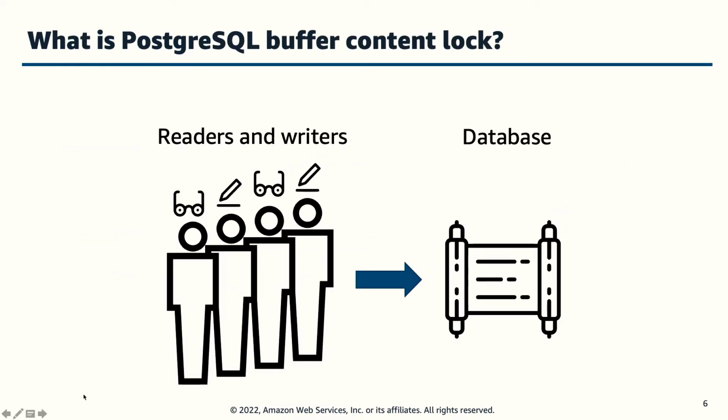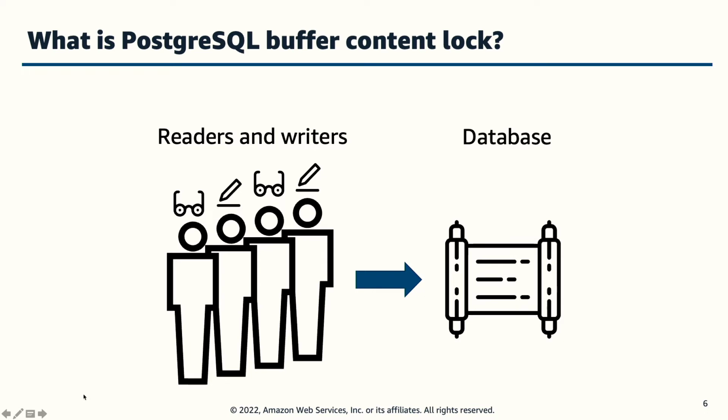Before we dive into the findings, let's talk about what buffer content locks are. Buffer content locks are a type of lightweight lock in Postgres. Lightweight locks are used to control access to shared memory, and in particular, buffer content locks are used to control access to a buffer in the shared buffer cache of Postgres.